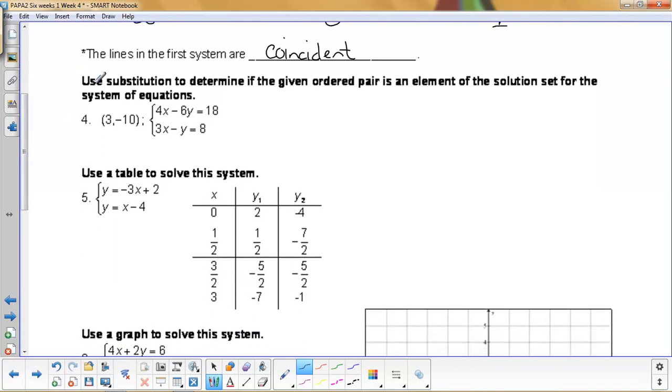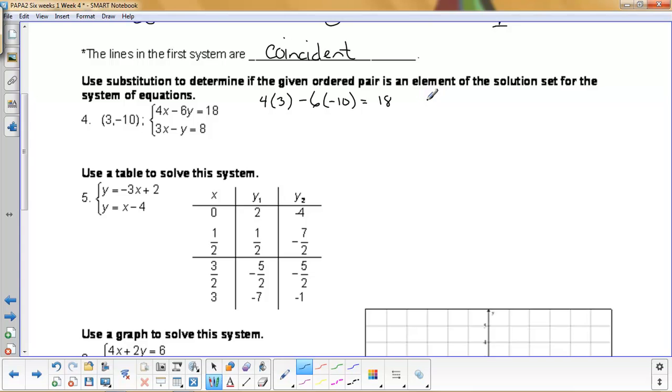Okay, we're going to use substitution to determine if the given ordered pair is an element of the solution set. Well, all that means is that the intersection point between these two equations. So simply substitute the ordered pair 3, negative 10 in for the appropriate variable and use a test to determine if that is true or false.